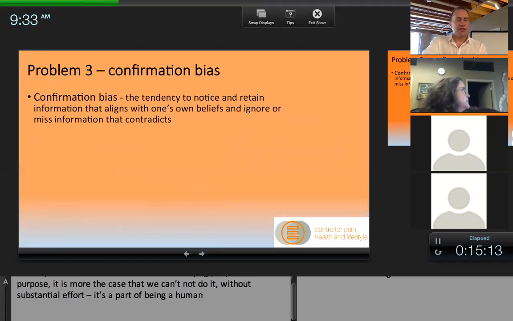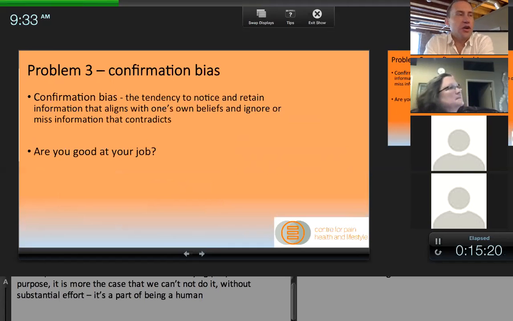Another issue is confirmation bias, and this has to do with what I mentioned before, with the beliefs that we have. This is the idea that we have certain ideas about ourselves and about the world, and we pay attention to information which confirms that, and we ignore information which doesn't.